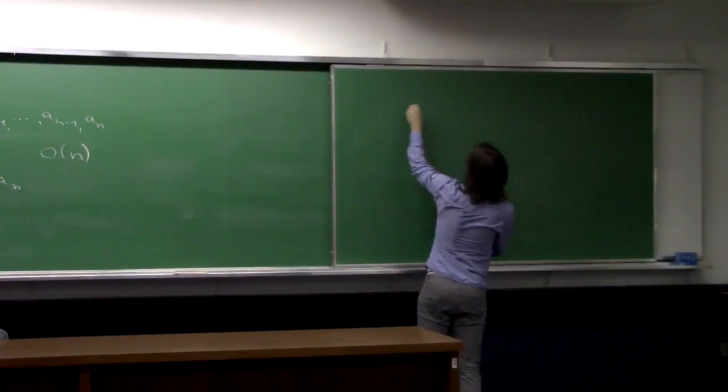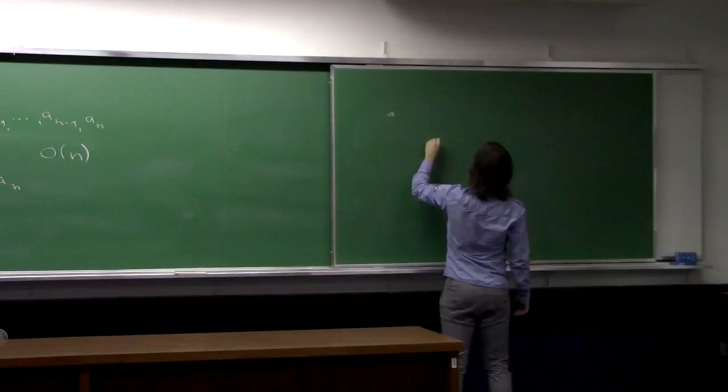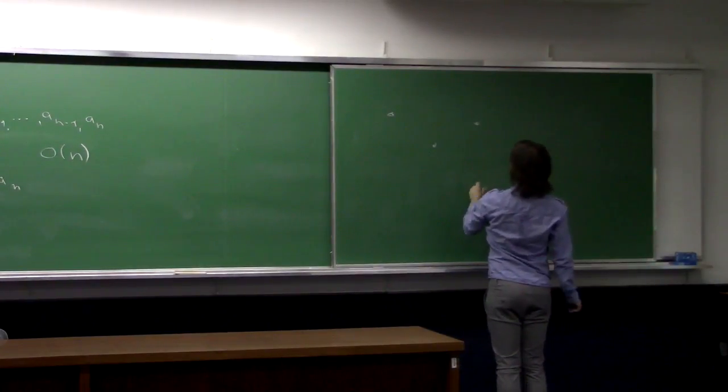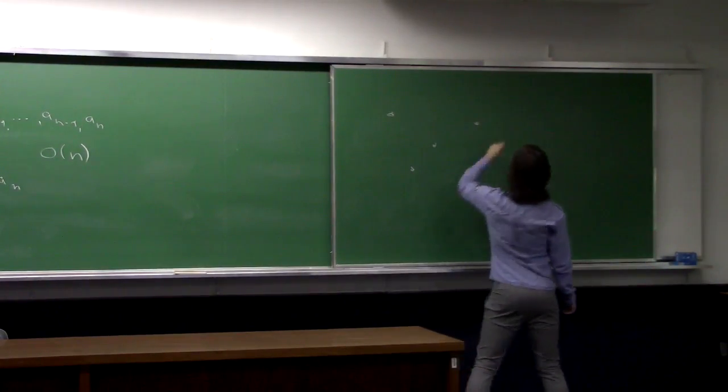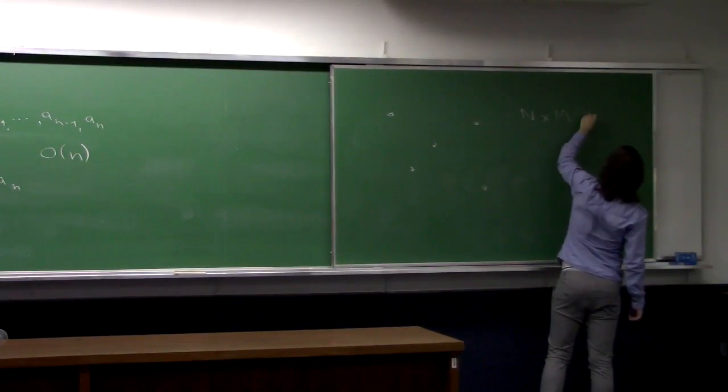Problem B is that we have a grid of points with size n times m.